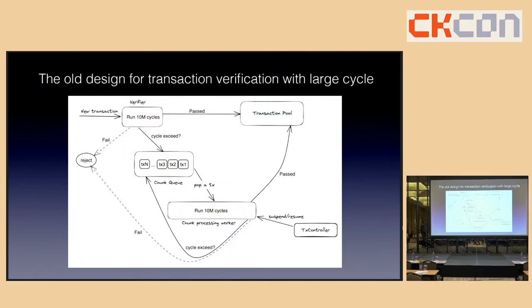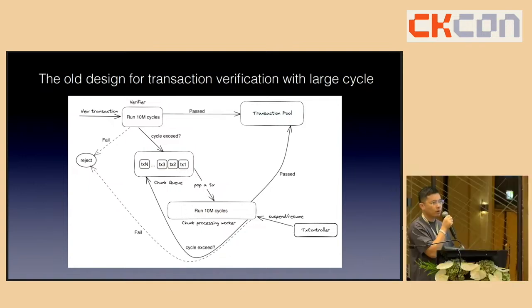And there will be a background job to pick a transaction from the queue and try another 10 million cycles. Then we will check whether there are any suspend signals. If we haven't finished in these 10 million cycles, it will be pushed to the chunk queue again. So this is how it works.